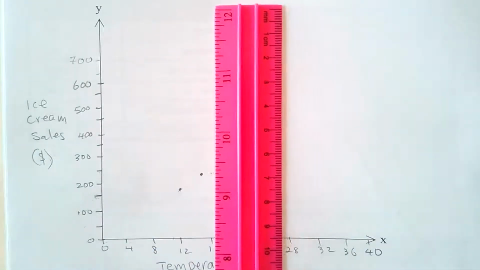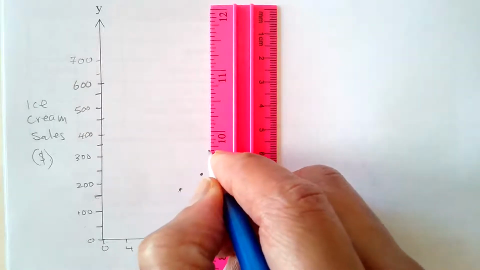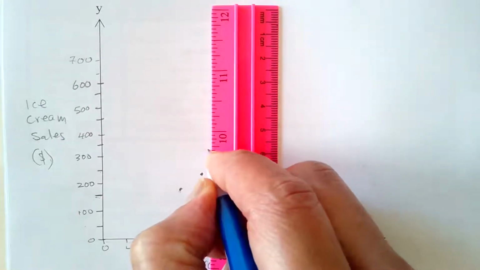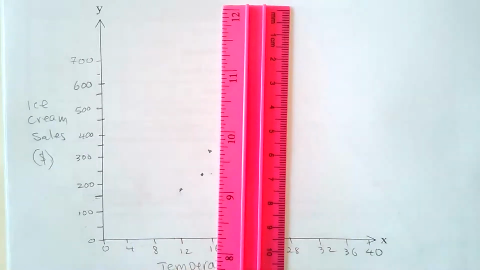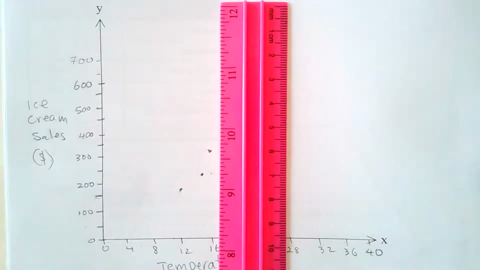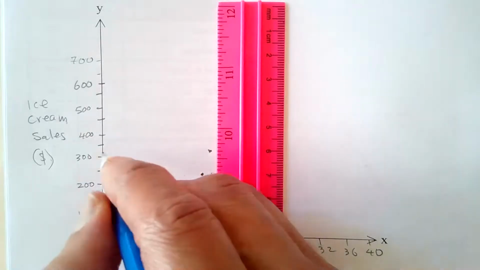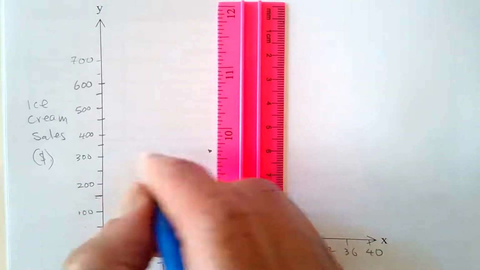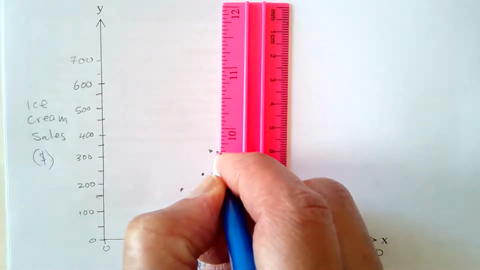Then we have 15.2, and $332. Then 16.4, $325, slightly below it.